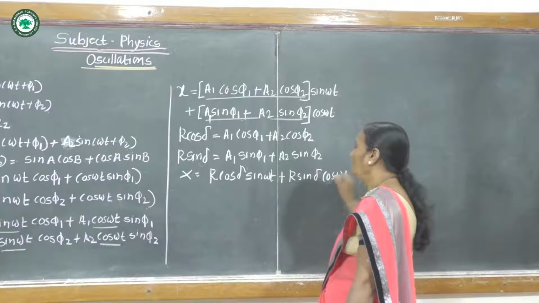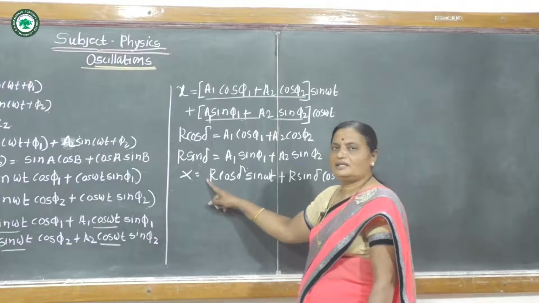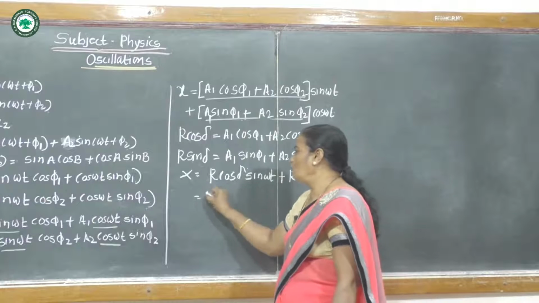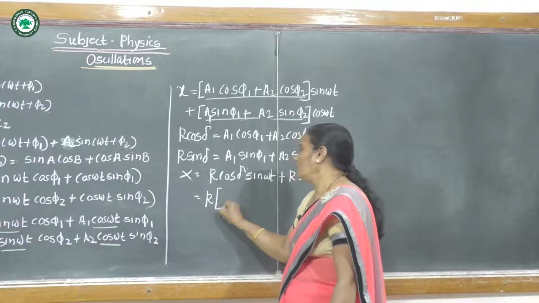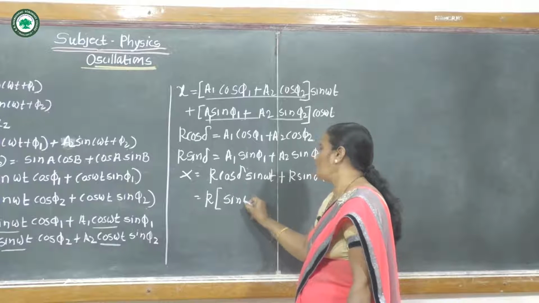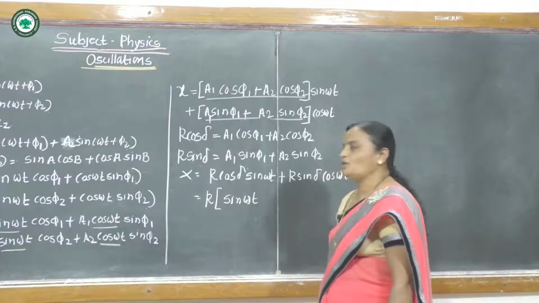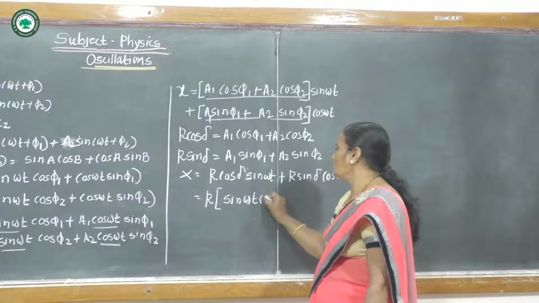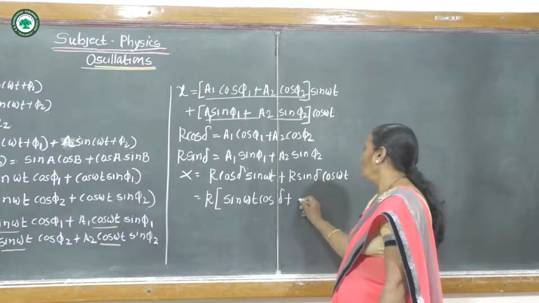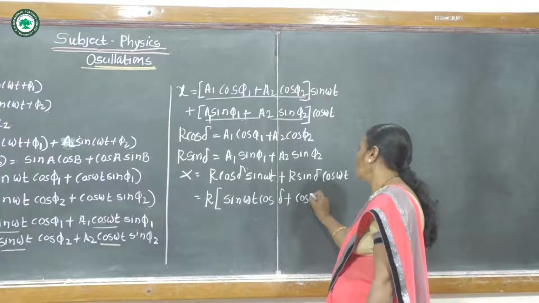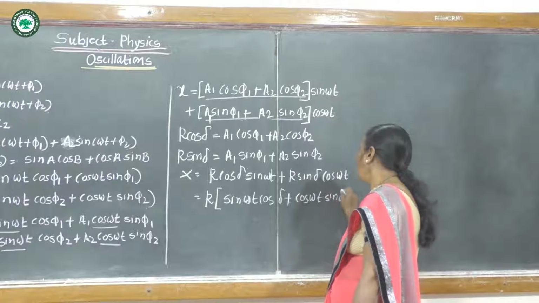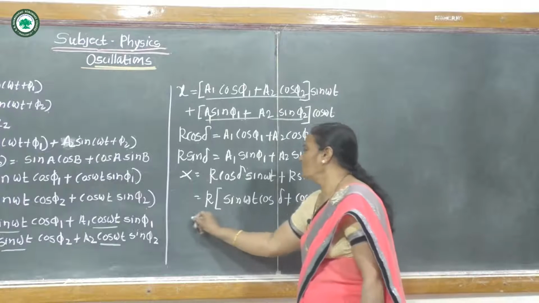Now r can be taken out, and we get r into sin omega t cos delta plus cos omega t sin delta.